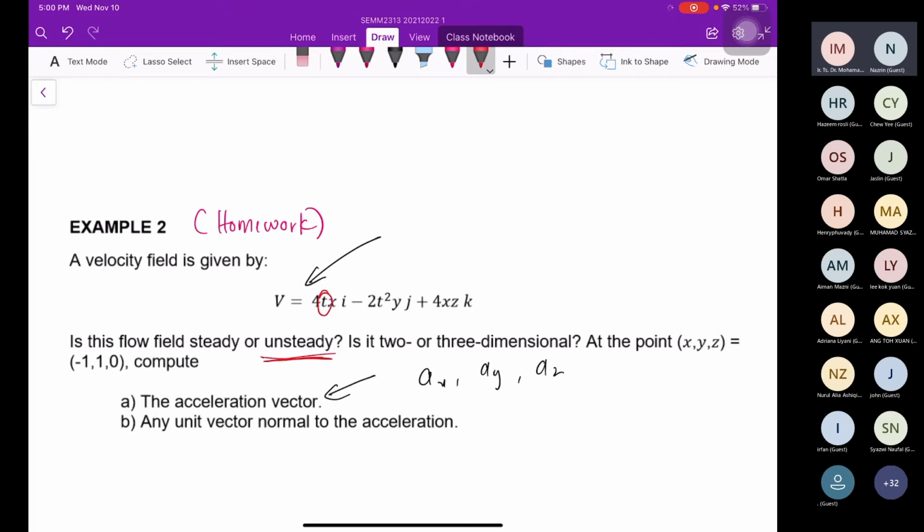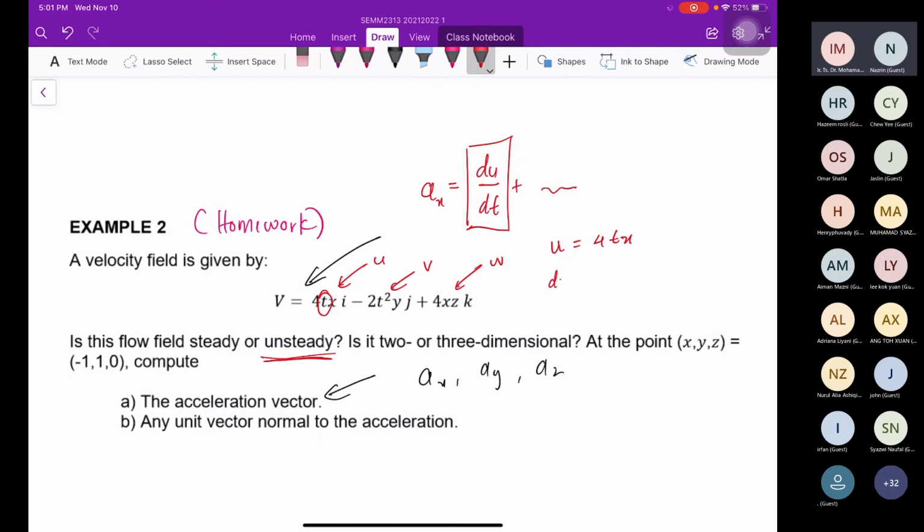So when it is unsteady, you must differentiate. Acceleration equals du over dt plus everything else. In this part, you need to differentiate this one. This is u, this is v, and this is w. So u is 4dx.